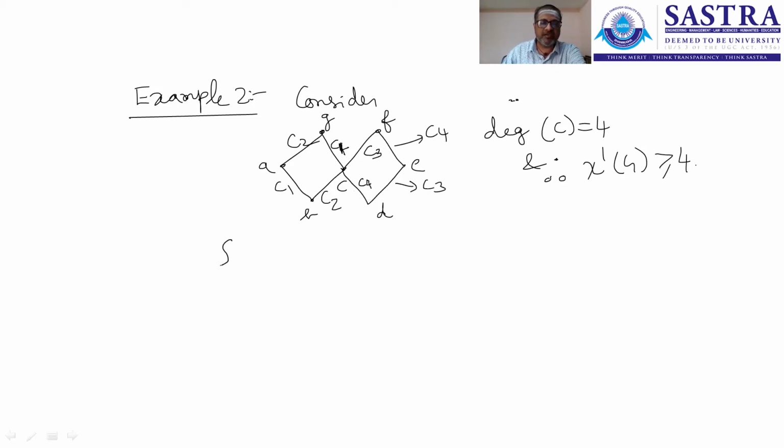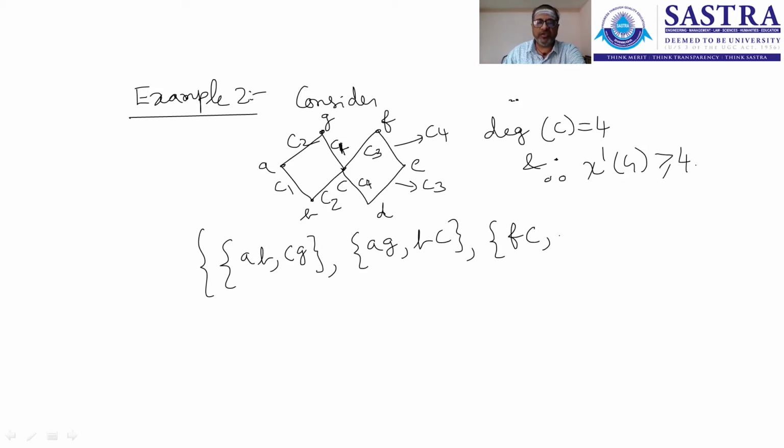So in this case I have AB and CG, these two are given C1, and C2 is AG and BC. C3 is given to the edges FC as well as DE, and the last color C4 is given to CD and FE.